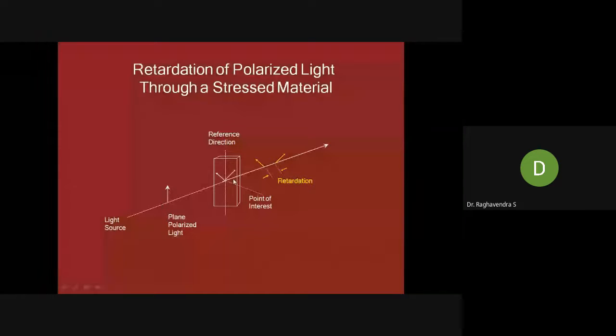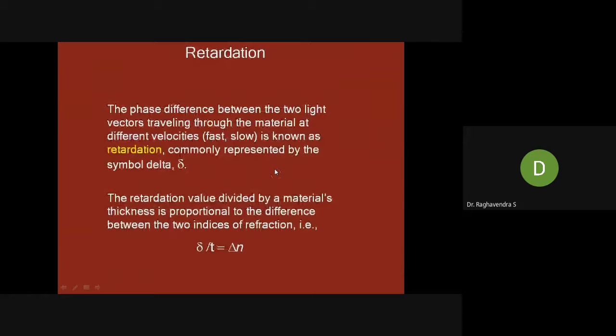When it passes through this stressed material, there will be two components, sigma 1 and sigma 2. The difference in phase is called retardation. Explaining the formula is difficult, but when you look at the experimental part, this phase difference is called retardation. So this is how we get it. The retardation value is delta.